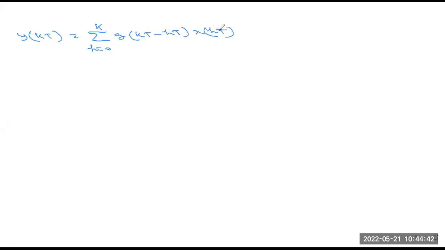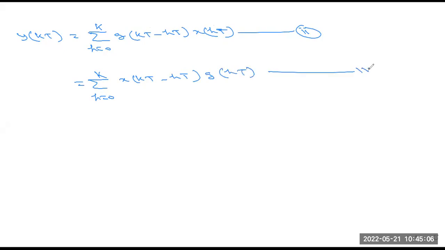This is equation number 2. And we can express this another way, that is the summation of h from 0 to k of x(kT - hT) into g(hT).